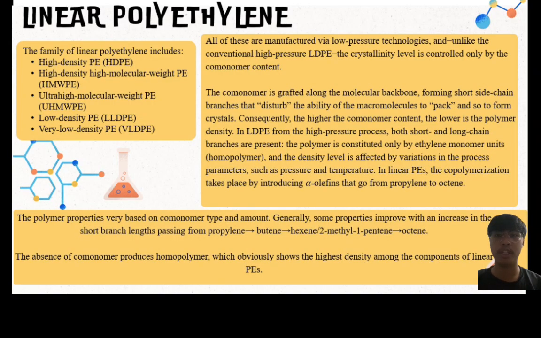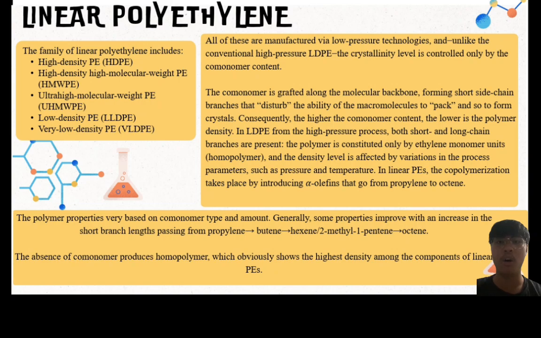The family of linear polyethylene includes high-density PE, HDPE, high-density high molecular weight PE, HMWPE, ultra-high molecular weight PE, UHMWPE, low-density PE, LLDPE, and last is very low-density PE, which is VLDPE.